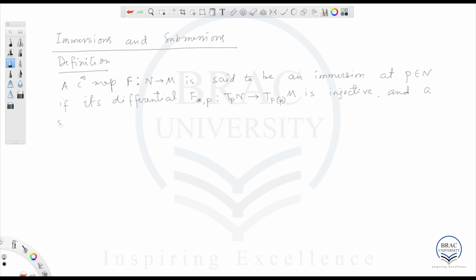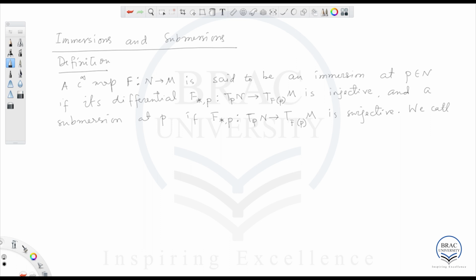It's called a submersion. This smooth map is called a submersion at a given point P if this linear map, its differential at P, which is a map between these two tangent spaces T_P N and T_F(P) M, is surjective. Okay, good.